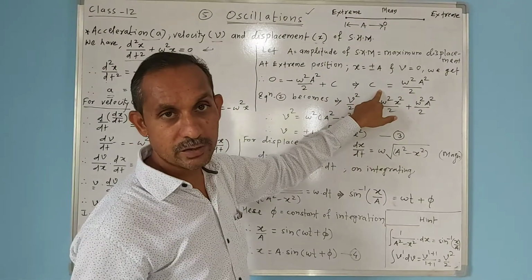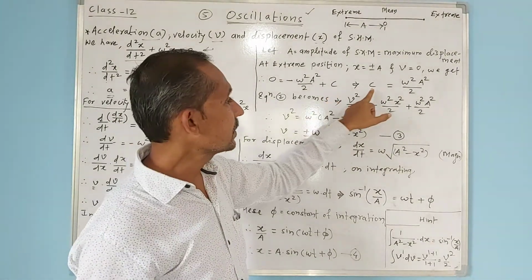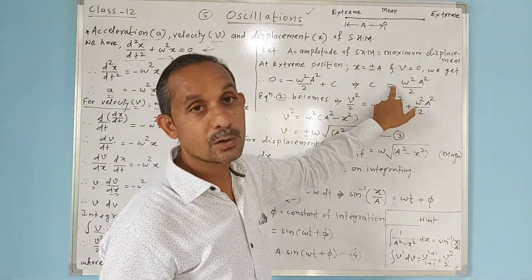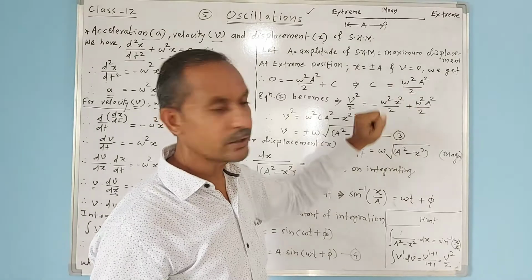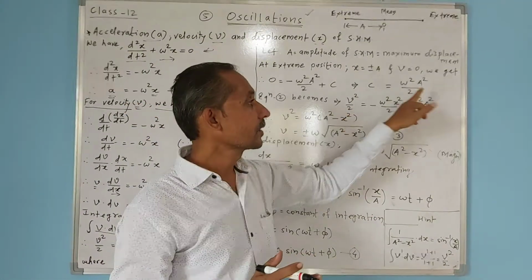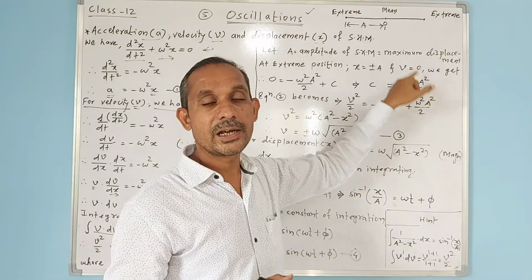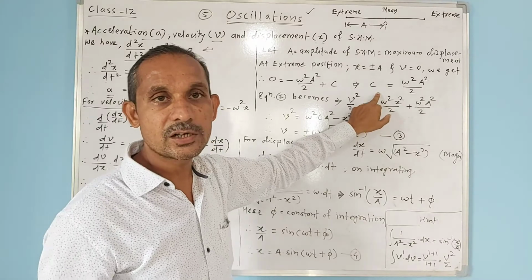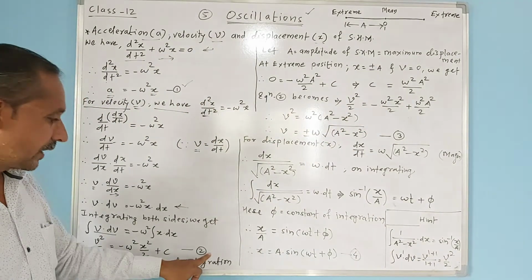Now rearrange this equation. Equating c, c is equal to omega square A square divided by 2. It becomes positive. So the value of the constant of integration c will be omega square A square by 2. Place this value in equation number 2.